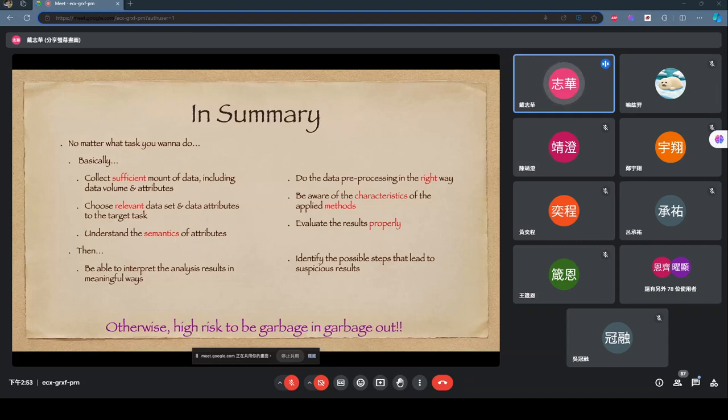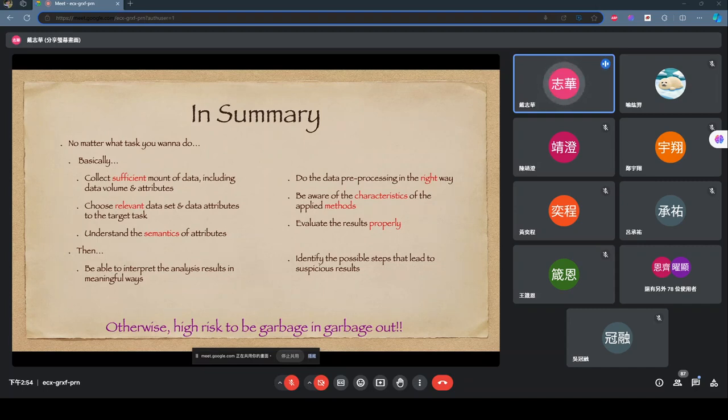Diverse means you could observe a data object from various aspects as much as possible. First step, we want to enlarge our observation, and then we need to shrink our observation. The shrink means that we want to stay focused on what we want.